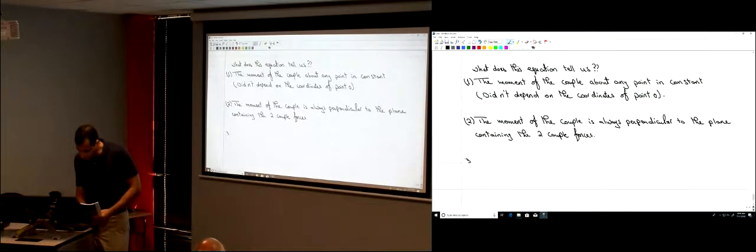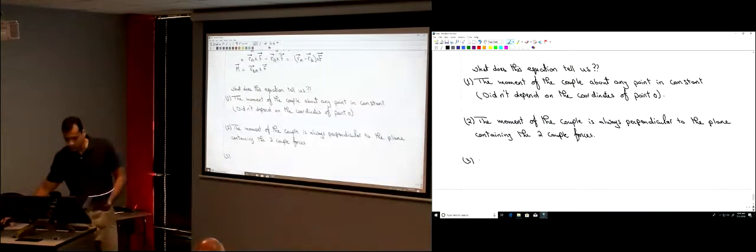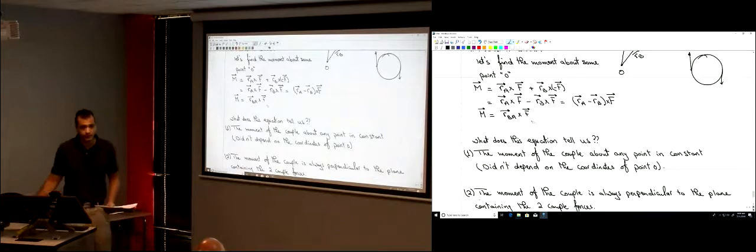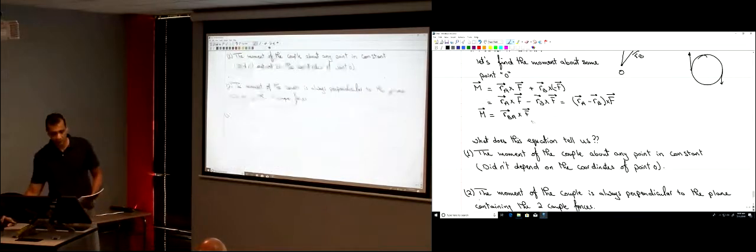And the third conclusion is so clear from the equation that we had here. The moment of the couple is R_BA cross product F, right?